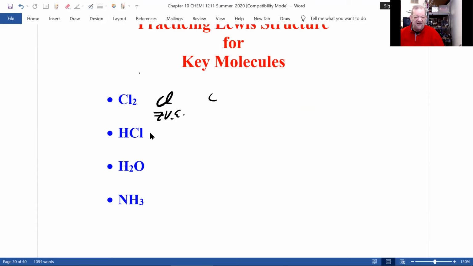And if I draw a chlorine, there is its structure, or Lewis structure. Now, let me make the dots a little bigger. This way you don't have to get your microscope out to see them, or magnifying glass.